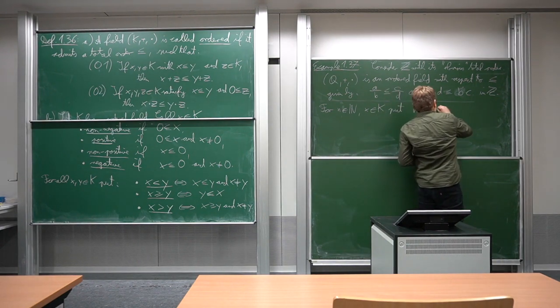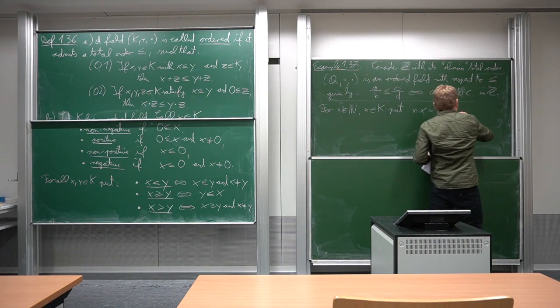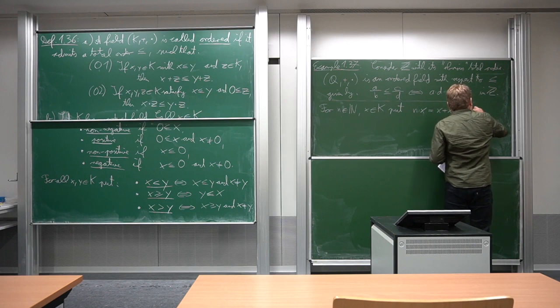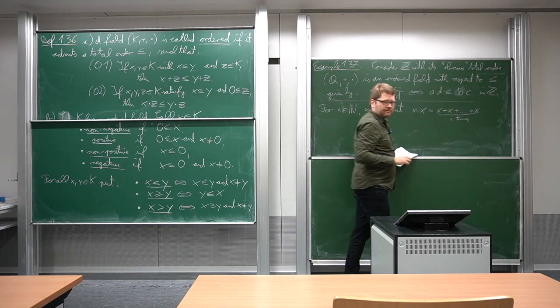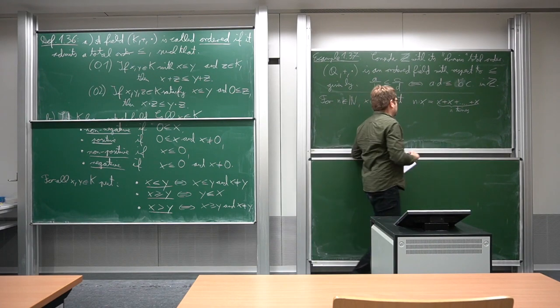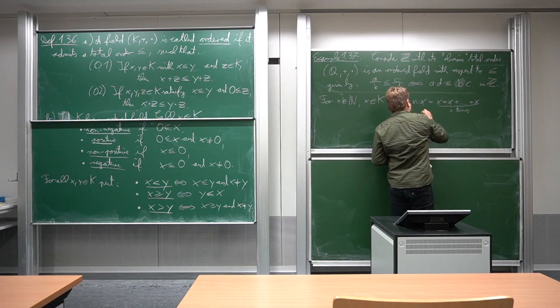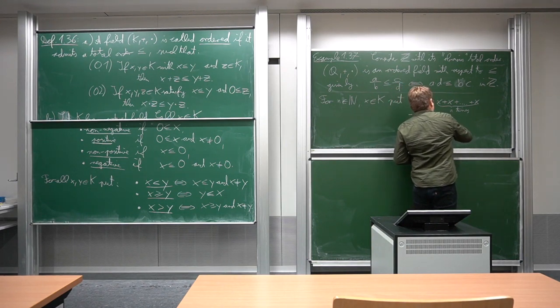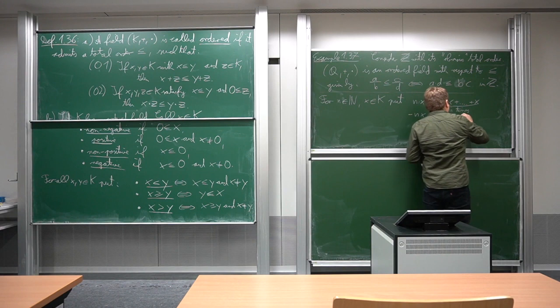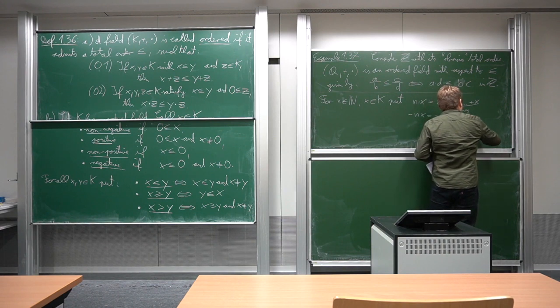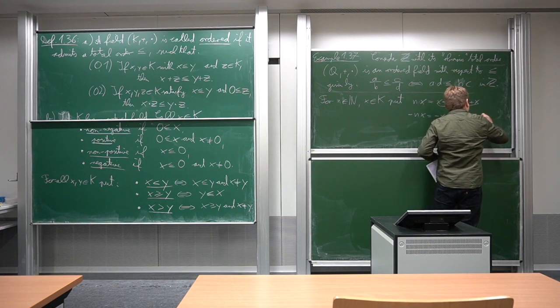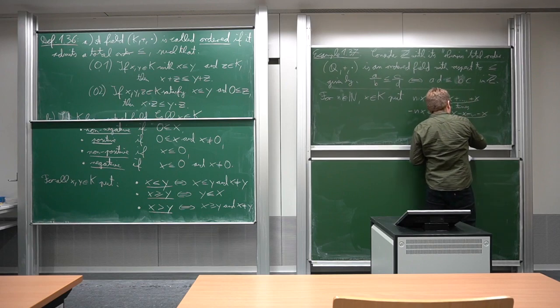This is what we write for the n-fold addition, so we add x to itself n times. This is the same thing we do in real numbers, and we want minus nx to be minus x, minus x, minus x, and so on, so we add n copies of minus x.